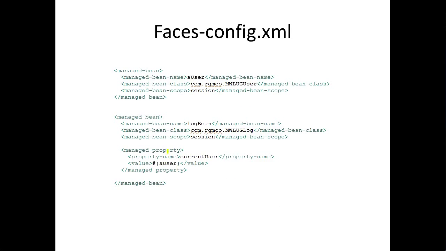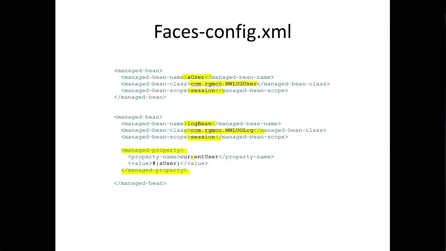Now in our Faces-config.xml file, we already have a configuration for the user bean. We said it was this class, and we said it was a session scope variable, or bean. This time in this part, we're going to introduce a new bean. We're going to call it the log bean. It's going to be the mwlug log class. It's also going to be a session bean, but it's going to have one of these managed properties. So again, this is all in the config file.